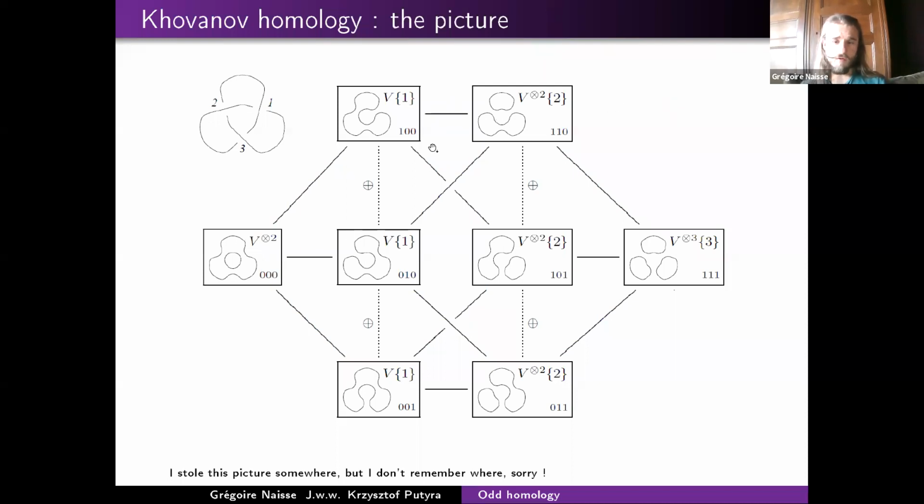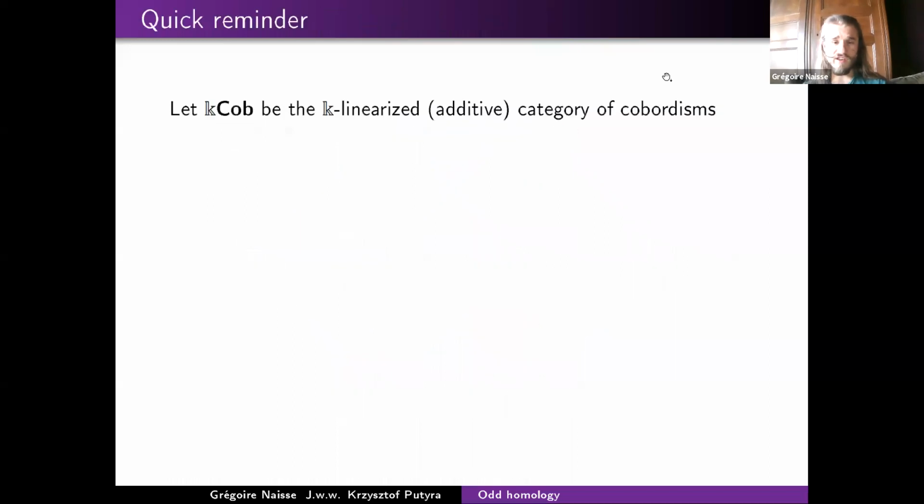But you cannot throw some signs in this category of cobordisms. So what you need to do, with some algebra trick, is linearize the category of cobordisms. So let me write K-Cob for the category where objects are formal direct sums of closed 1-manifolds, and the hom spaces are given by formal K-linear combinations of cobordisms between these 1-manifolds.